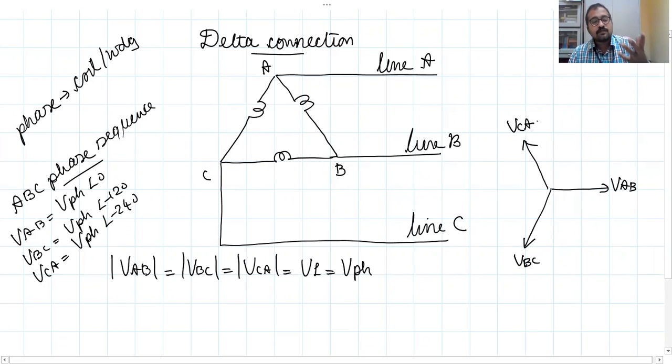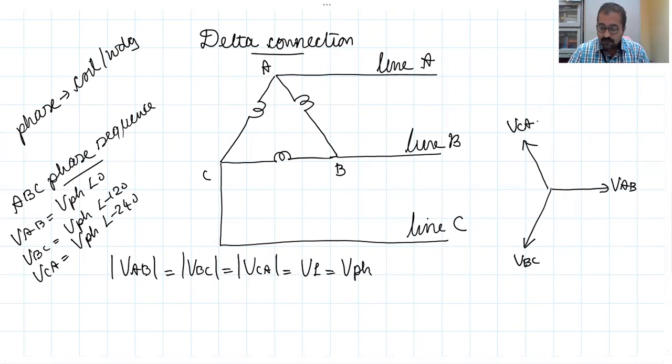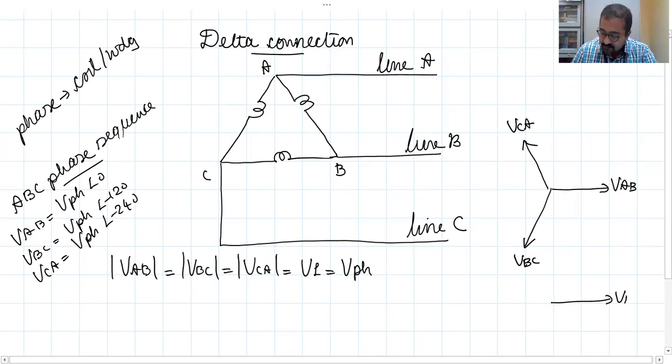Which phasor is to be chosen as reference is user dependent. If you want, you can take VBC as your reference. Then this will be your VAB, and this will be your VCA. So how will be the ABC phase sequence if you are taking VBC as a reference?